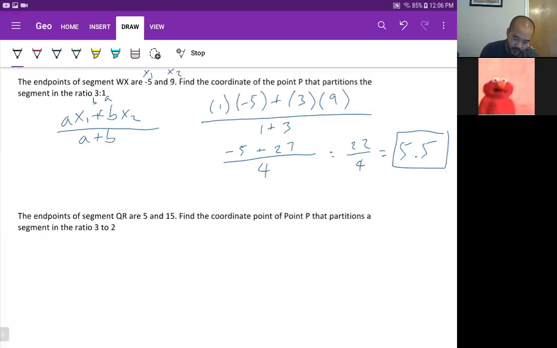I wanted to show you one more way to do this. You can do this with a picture. So here's your number line, 5 to 15. Let's see, 5, 7, 9, 11, 13, 15.